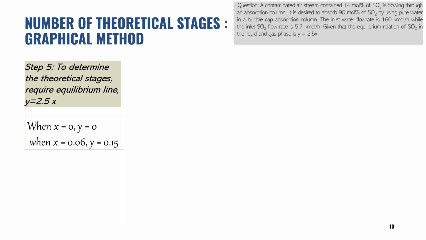So somehow it gives us an idea that the exit stream is actually containing only a small amount of SO2 mole fractions, right? So from there we can just guess, choose a small value that is smaller than the possible exit stream.